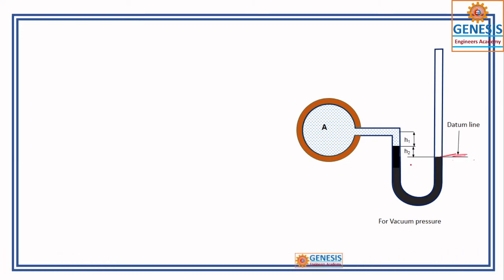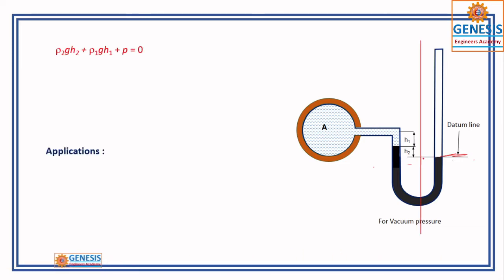In the previous case, I have taken it here. Now dividing this U-tube into left and right. You got my point? So this is left and right. Right above the datum line, nothing is there. But in the left, we have three.